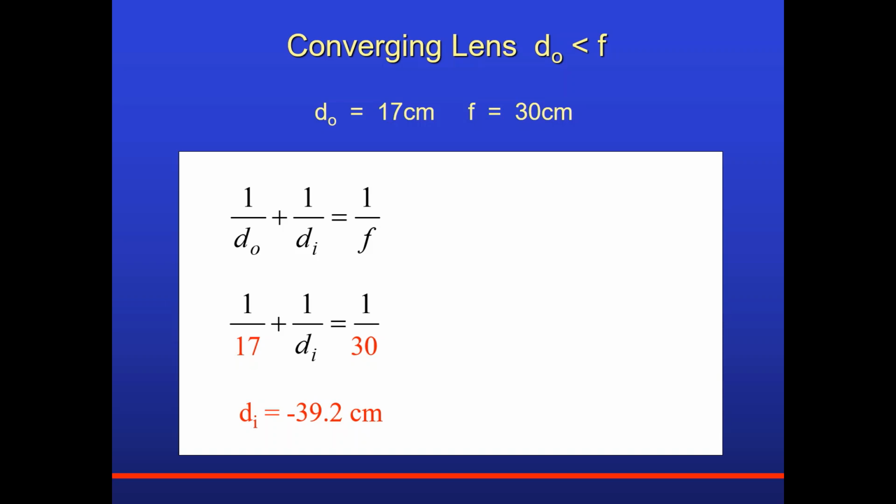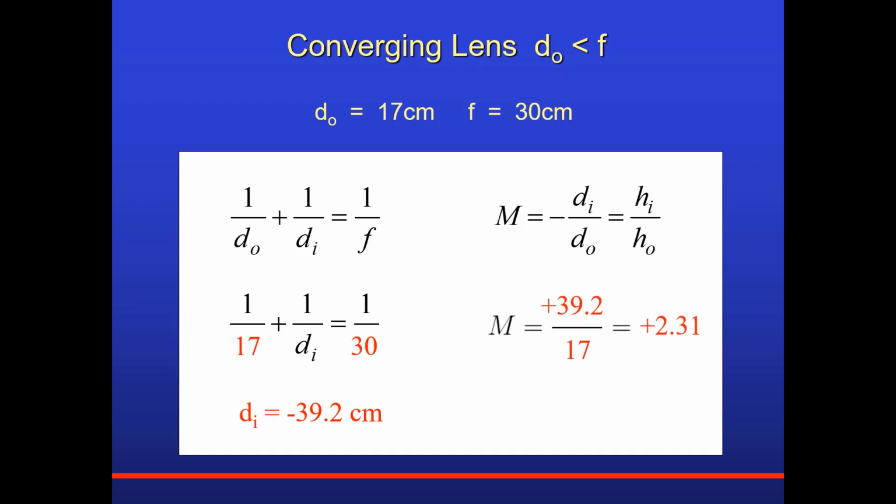That's the negative DI, before the lens, virtual image. Magnification is minus DI over DO. DI is negative, so that will be a plus 39.2 over 17. Magnification is a plus 2.31.